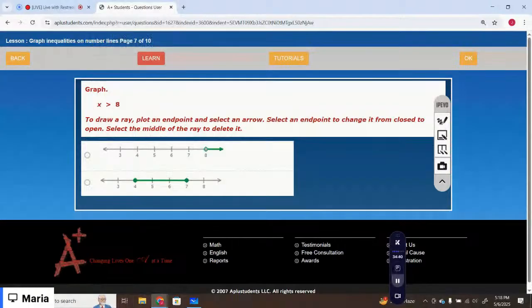X is greater than 8, so which is the correct option? Option number 1 is the correct option, that is X is greater than 8.